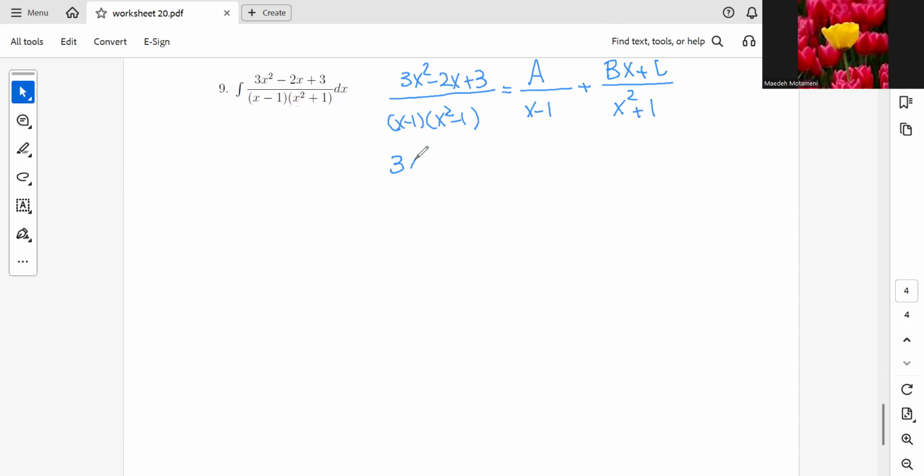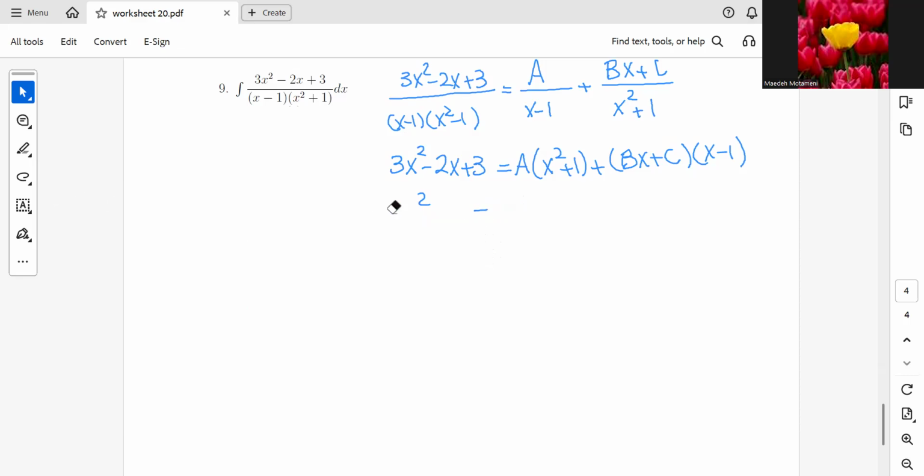Okay, so the numerator of the left part is 3x squared minus 2x plus 3. And for the right side, it's enough if you multiply a by x squared plus 1 and bx plus c by x minus 1. So we would have 3x squared minus 2x plus 3, and you can either multiply them together or pick some numbers.